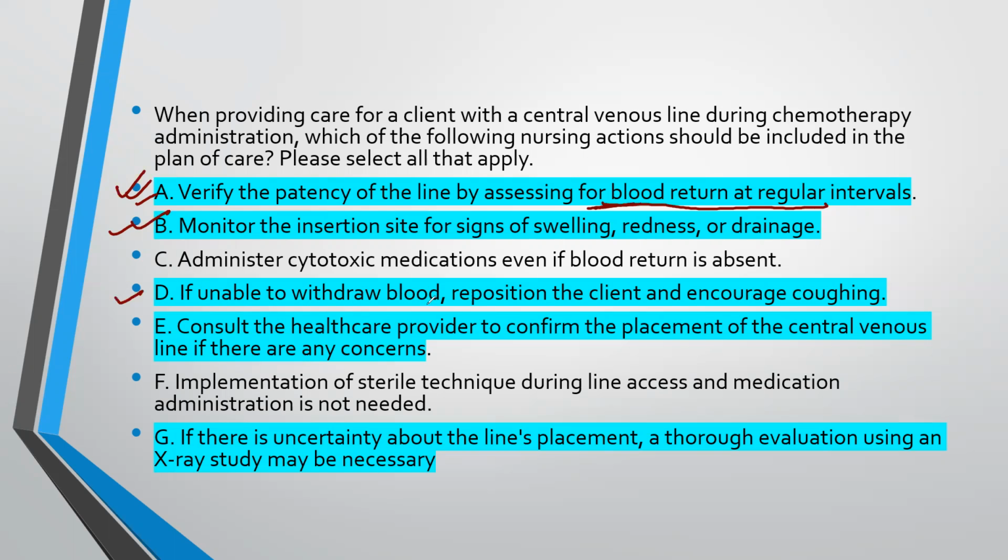Next option D. If unable to withdraw blood, as I have explained, when we are not able to withdraw blood from the CVP line, always reposition the client and encourage coughing. This will help to maintain the normal central venous pressure of the client and able to draw the blood. Next E, consult the healthcare provider to confirm the placement of the central line if there is any concern.